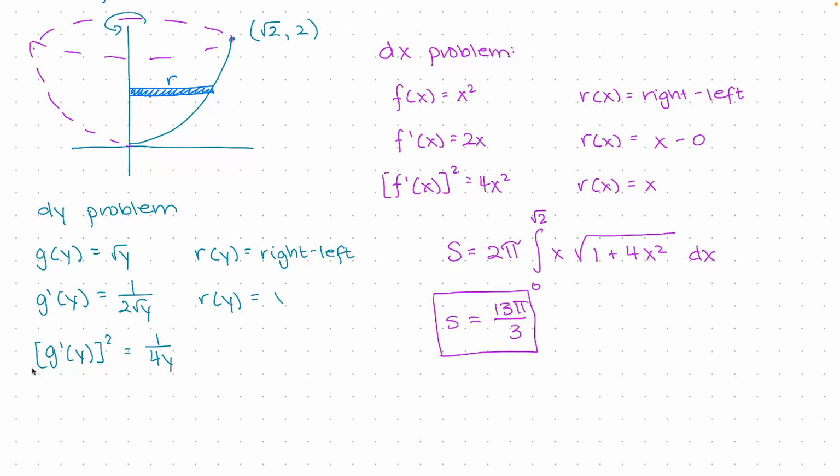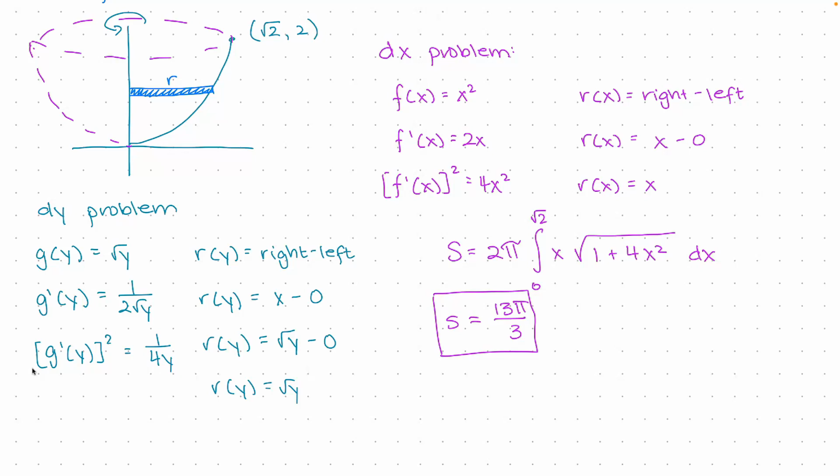You can still think of it as x minus 0, because it still is the same radius. However, we have to put things in terms of y. So the x coordinate is going to be root y, because the function is x equals root y. Well, root y minus 0 is root y.